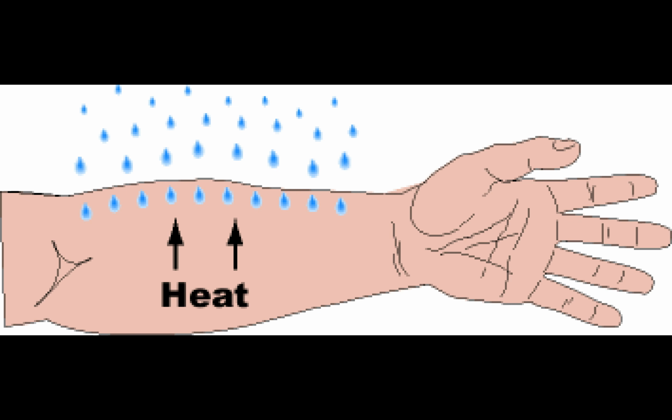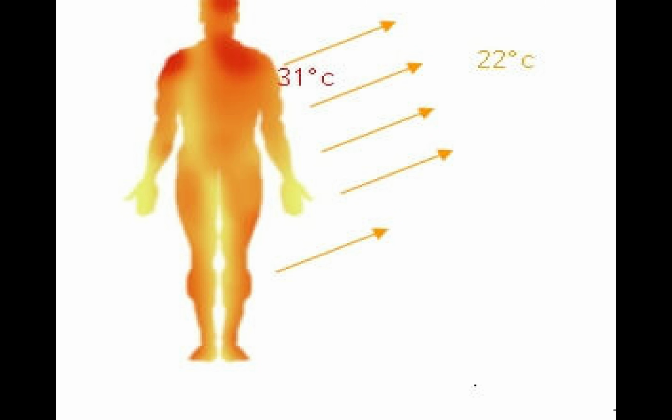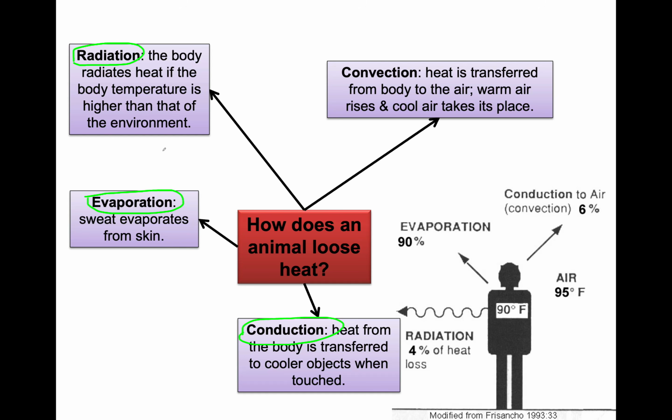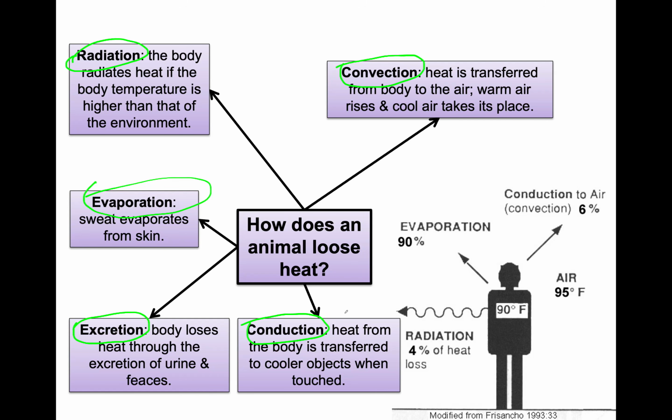Heat can also be lost through radiation, when the body radiates heat, if the body temperature is higher than that of the environment, as well as through convection, when heat is transferred from the body to the air, when that warm air rises and cool air takes its place. So these are the ways in which the body can actually cool down or lose heat.